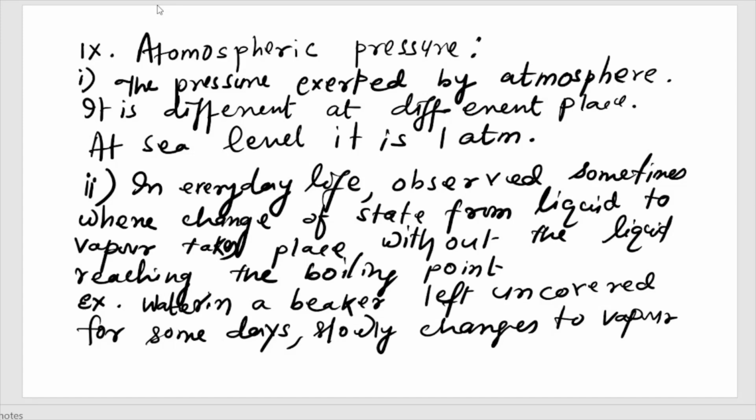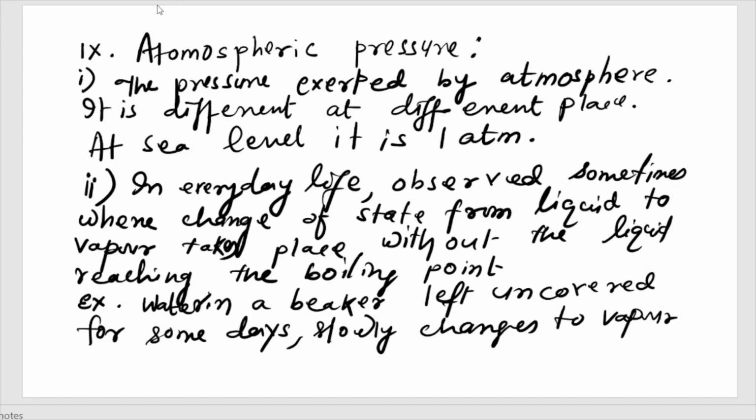In everyday life, observe that sometimes the change of state from liquid to vapor takes place without the liquid reaching the boiling point. When you heat the liquid, you can observe it first starts to boil and lastly the whole liquid boils. But sometimes, suppose you put a cup of water outside, after 15 days you observe the liquid is going to finish, or a little amount of liquid is left behind.